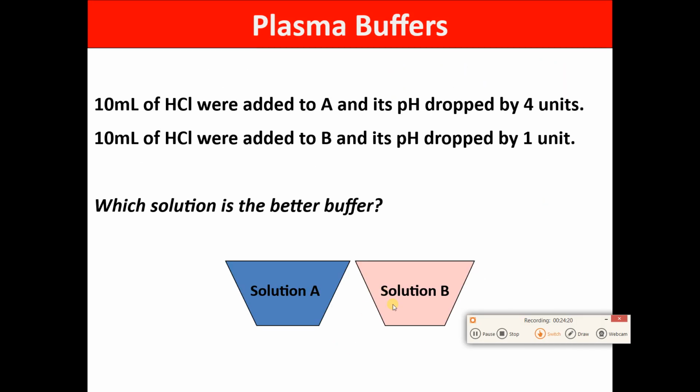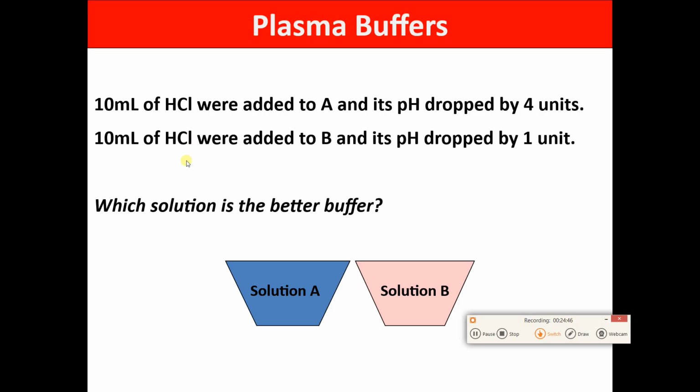Fantastic. Quick little thought problem here involving buffers. Suppose I had two solutions, solution A, solution B. I added 10 mils of HCl, hydrochloric acid, strong acid, to each of these solutions. After I added the acid to the solution, what do I expect pH to do?